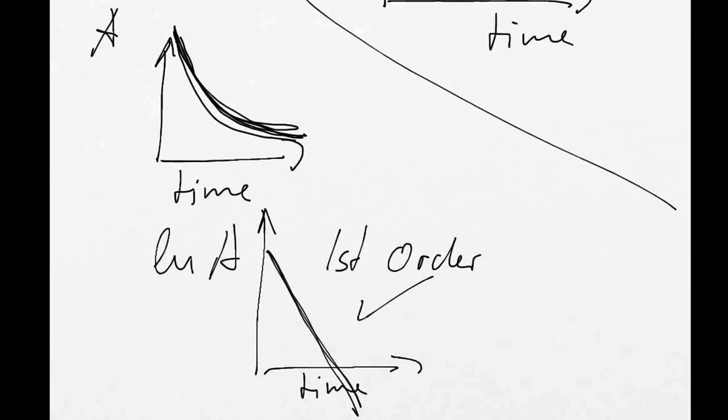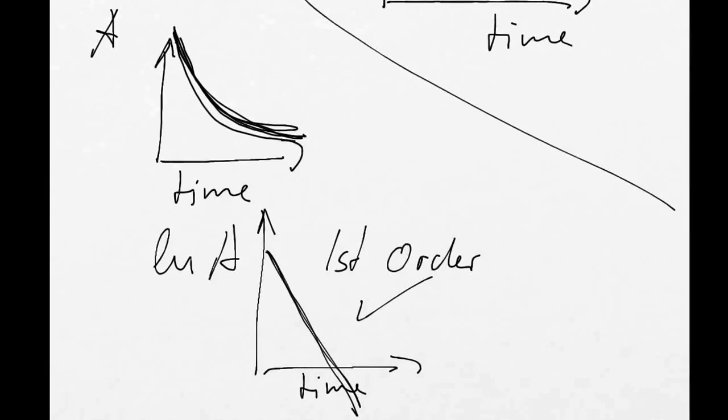If it doesn't give a straight line, there are a couple of options. Option number 1, you have messed up. Option number 2, I have messed up with the data. Option number 3, it is neither a zero nor a first order reaction.